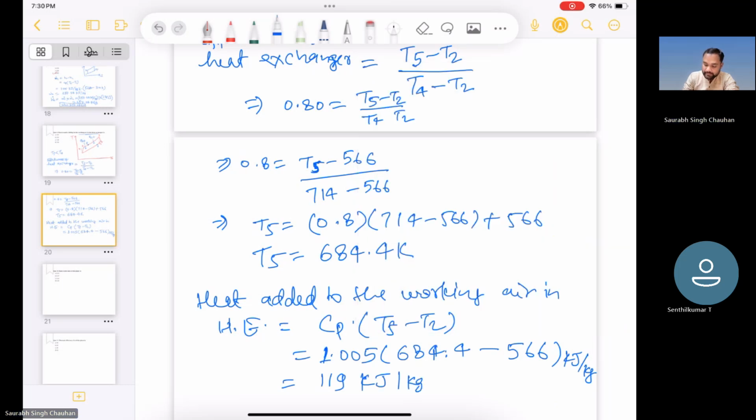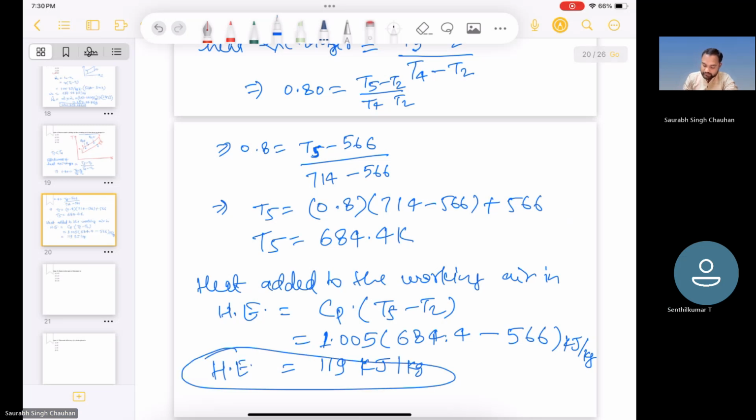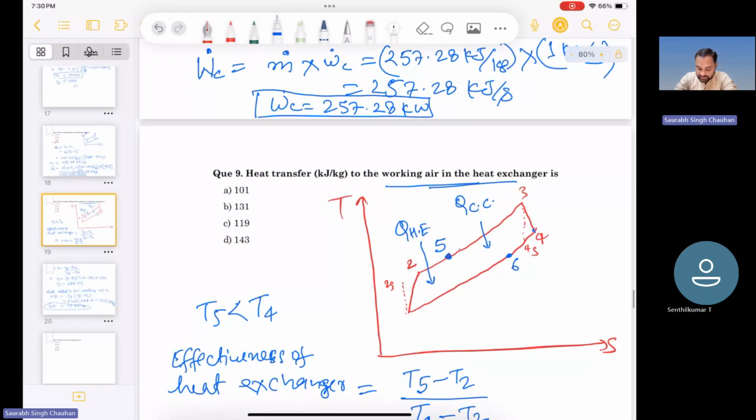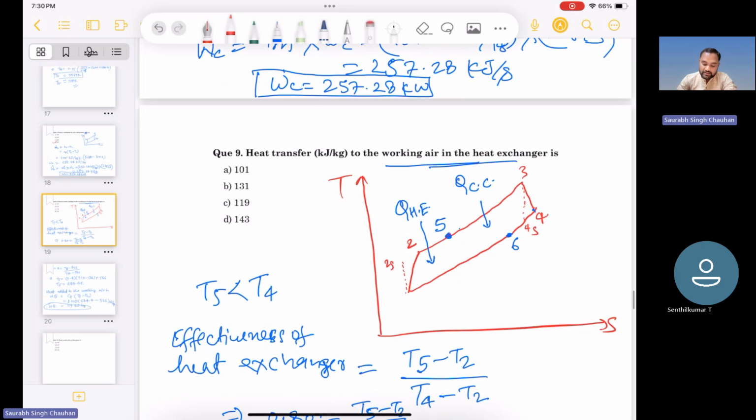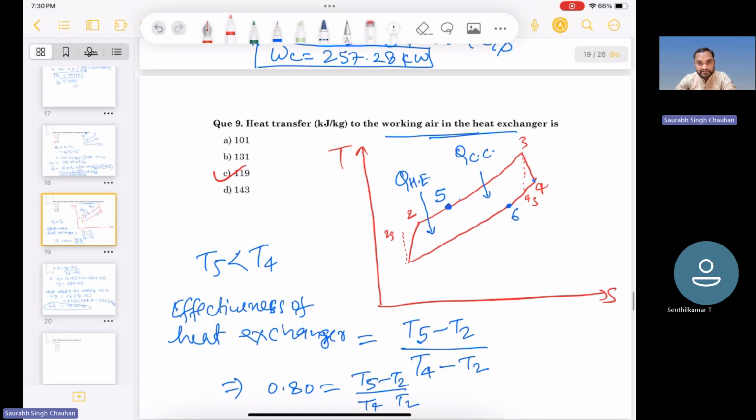Okay, is this clear? Yes, sir. 119. So the four options: 101, 131, 119. So option C is correct. 119 is the correct option. Okay, is this clear?